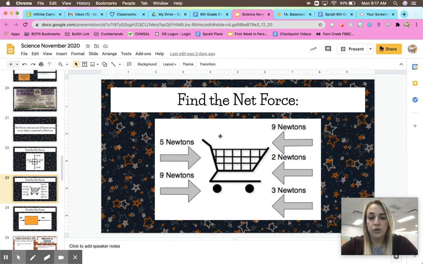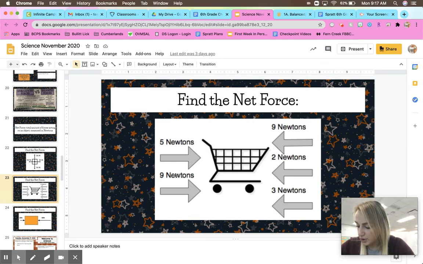Then we have this little shopping cart. We have 5 newtons pushing to the left, 5 and 9 newtons pushing to the right. Sorry, it's pushing to the right. So what I would do is I would add 5 plus 9, which would give me 14. So I have 14 newtons that are pushing to the right.